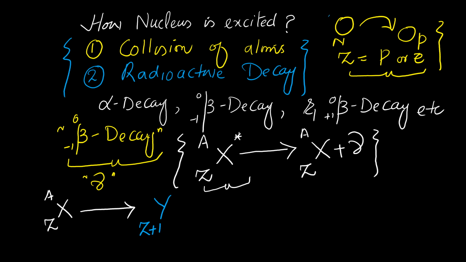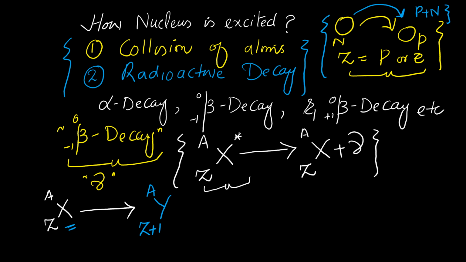Since in the transformation of a neutron into a proton, the number of protons increases, but the atomic weight is the number of protons plus neutrons. So this means that the total amount of protons and neutrons of parent and daughter nuclei will remain the same, which means that the atomic weight of both parent and daughter nuclei will remain the same.